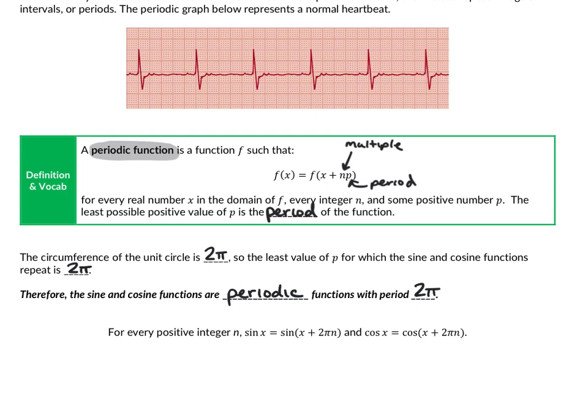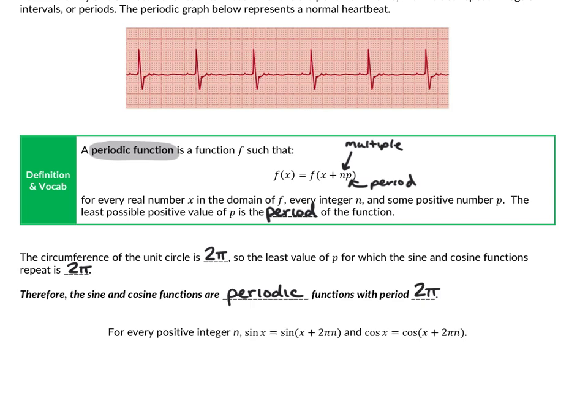Feels like I'm repeating myself here, but that's how important it is. For every positive integer n, sine of x is going to be equal to the same value at a 2 pi distance away. Every 2 pi rotation around the unit circle, sine and cosine will have the same value. So they're going to repeat with different rotations of that unit circle.